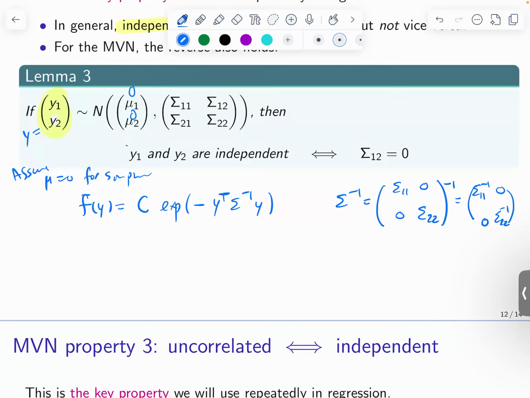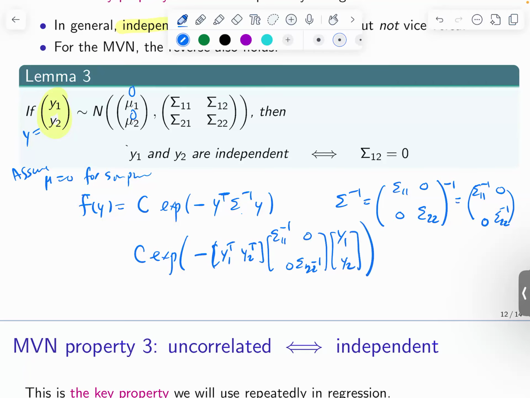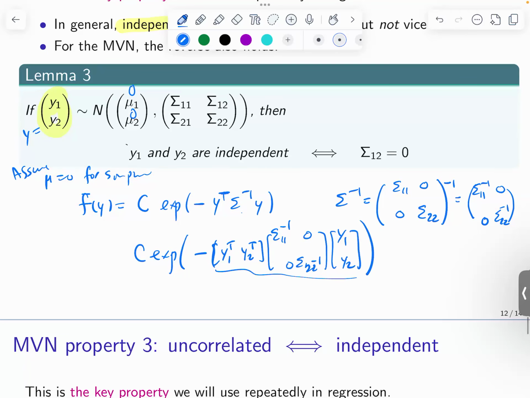And so if you do this and then do the expansion, you get y1 transpose, y2 transpose, times sigma 1,1 inverse, sigma 2,2 inverse, and then y1, y2, these are blocks. But you can expand, and it ends up being y1 transpose sigma 1,1 inverse y1 plus y2 transpose sigma 2,2 inverse y2.